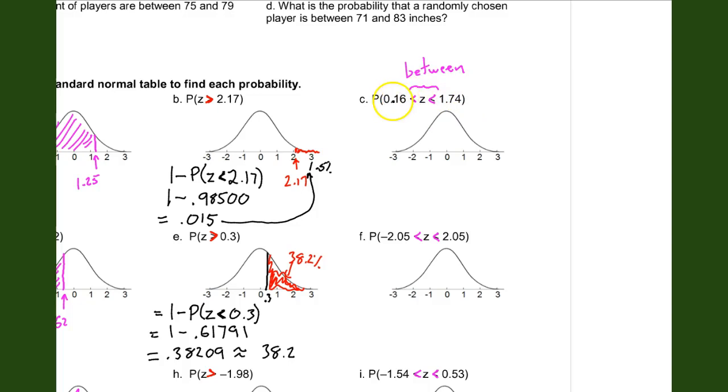So we're trying to find between 0.16, so 0.16 would be right about there, and 1.74, which would be right about here. And everything between would be all of this right here.